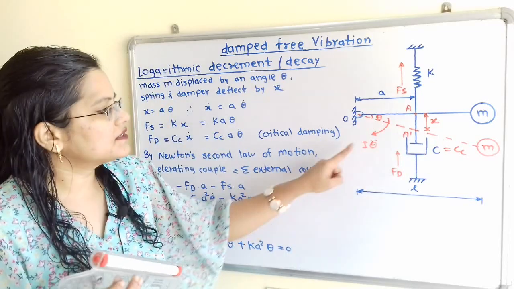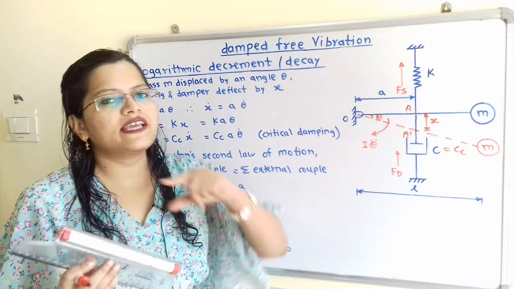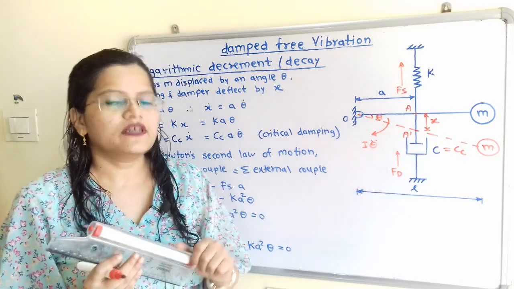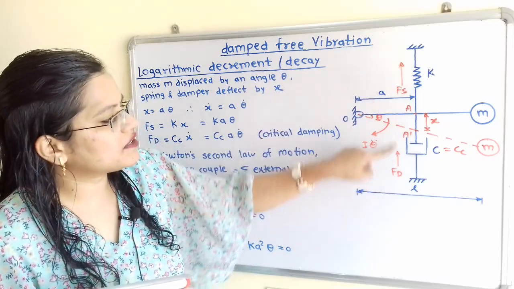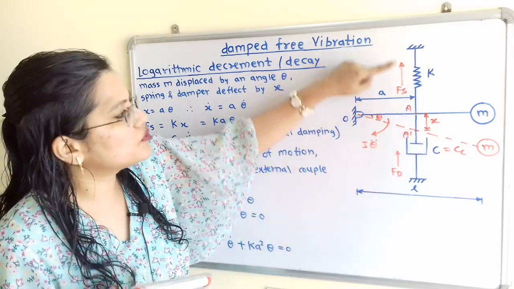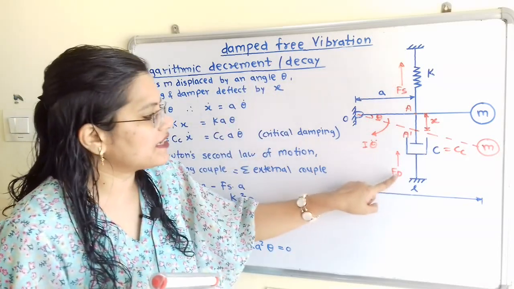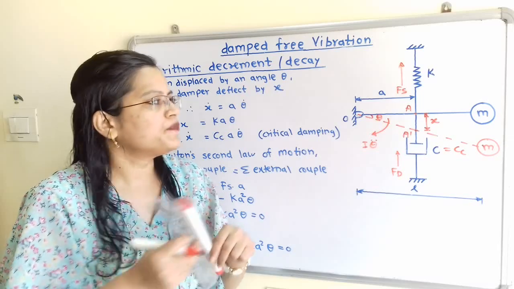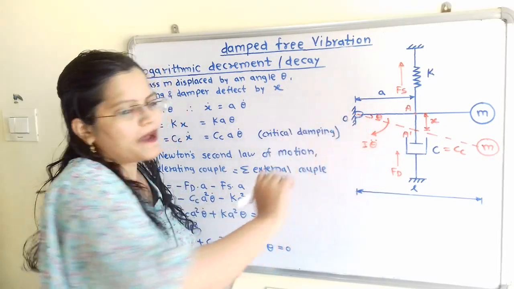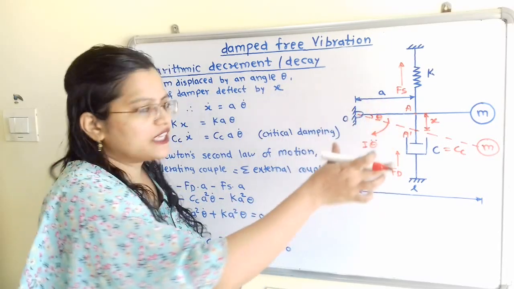Now to balance this accelerating couple, we have to find out the external couple. So this external couple is due to these two external forces, that is due to these two forces, Fs spring force and Fd damper force. So how to find out this couple? So here point O is pivoted. So how to find out the couple and its direction?